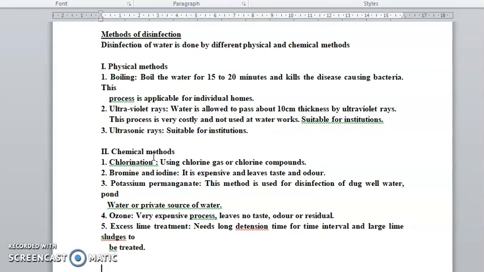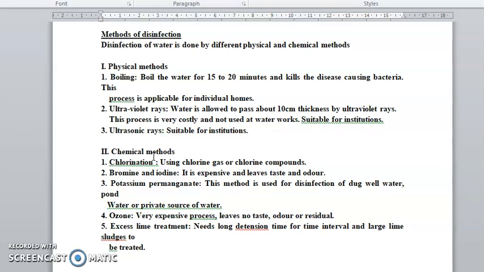This process is applicable for individual homes. Next one, ultraviolet rays. Water is allowed to pass through about 10 centimeter thickness under ultraviolet rays. This process is very costly and is not used for waterworks; it is suitable for institutions. Ultrasonic rays are also suitable for institutions.